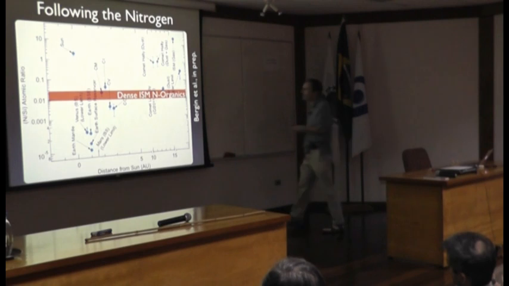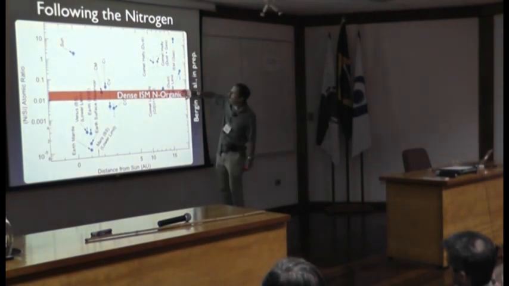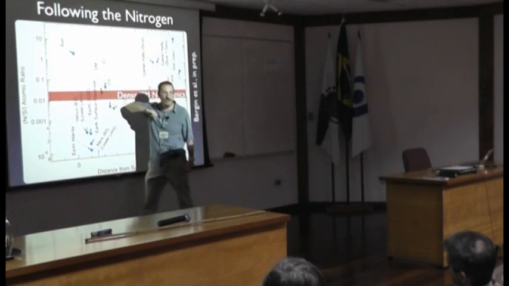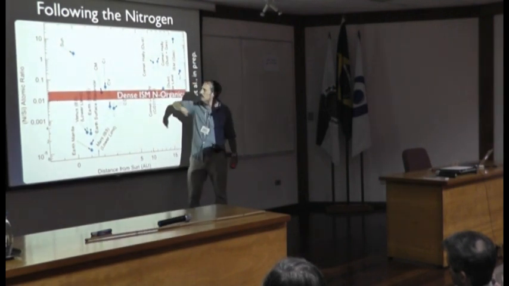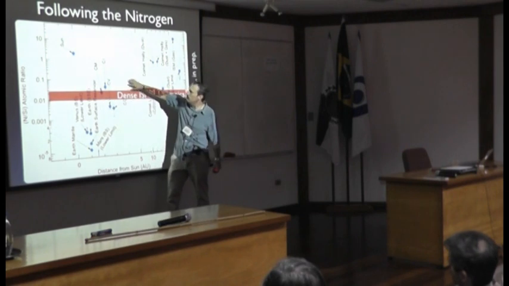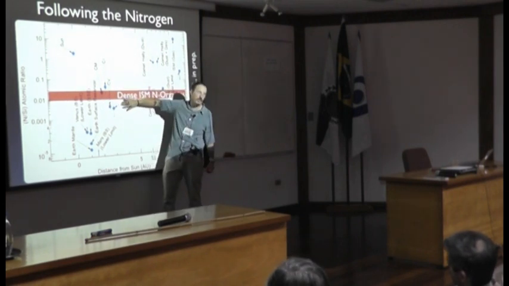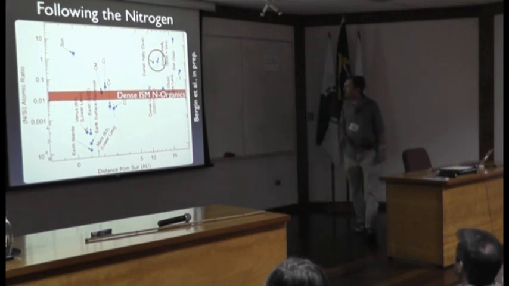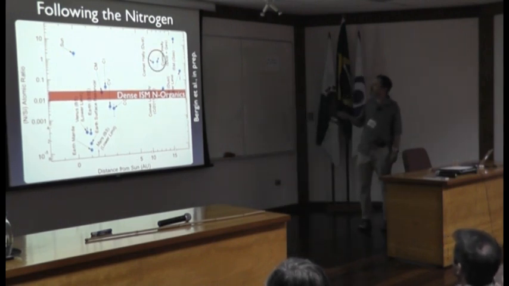So back to this plot. This is the dense ISM organics. Not much nitrogen is in organics, but it's the exact same region as we see for meteorites. It's not an answer, it's suggestive. And look at this. Comet Halley is way up here, and again, that's in some sort of organic material.